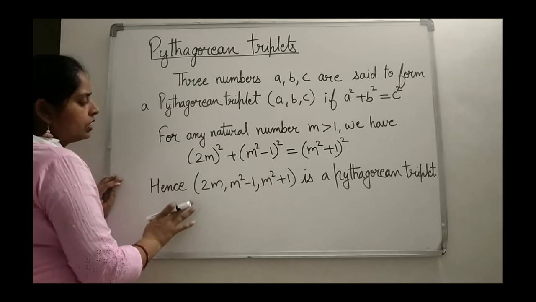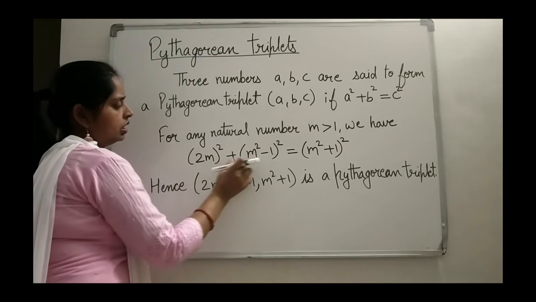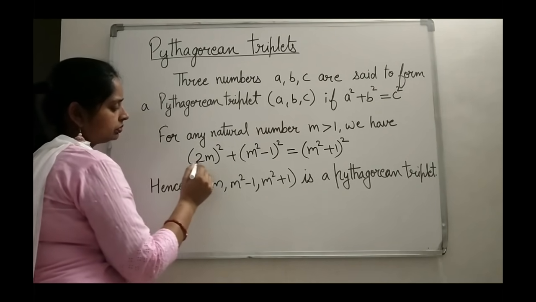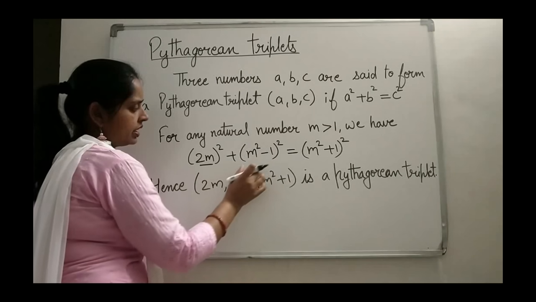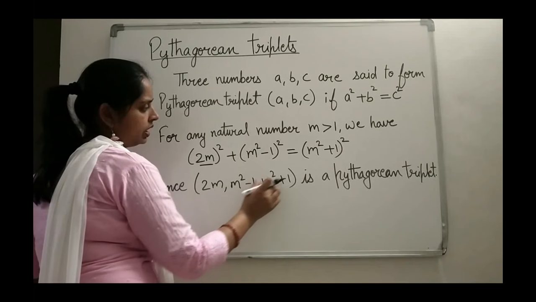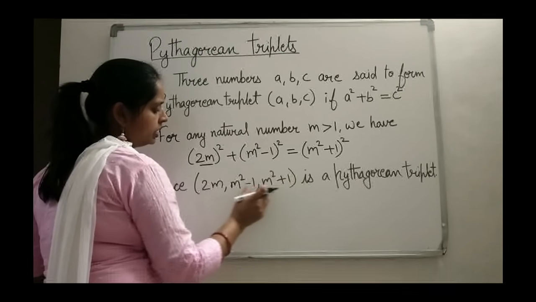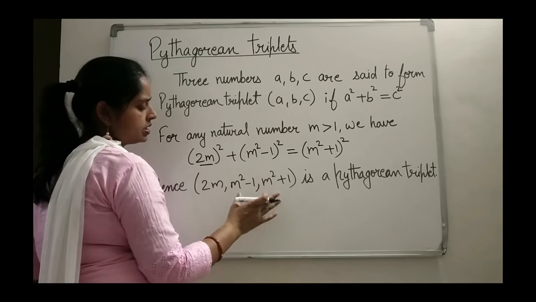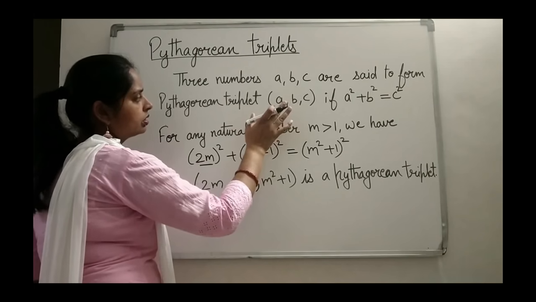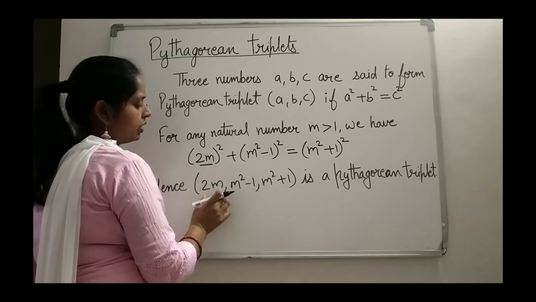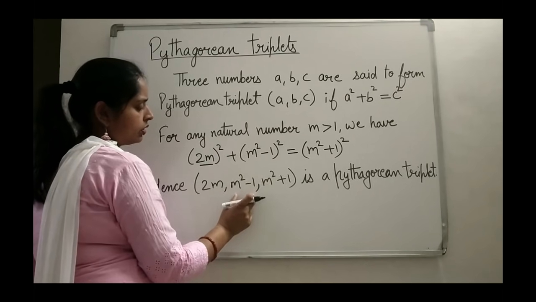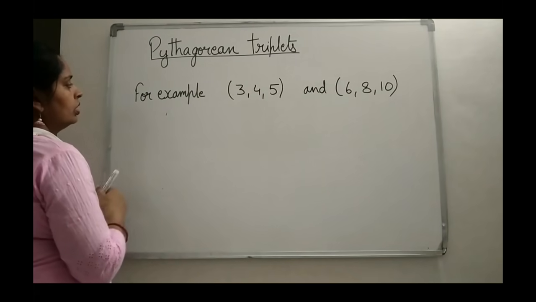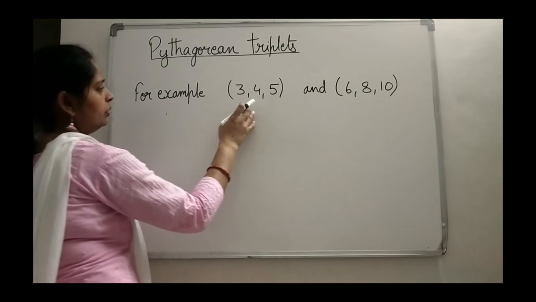Hence we got three numbers: the first number is 2m, the second number is m square minus 1, and the third number is m square plus 1. These three numbers form a Pythagorean triplet because the square of this number plus the square of this number is equal to the square of m square plus 1.